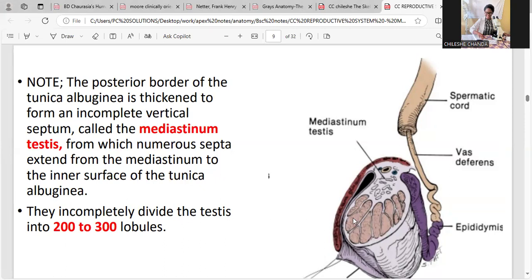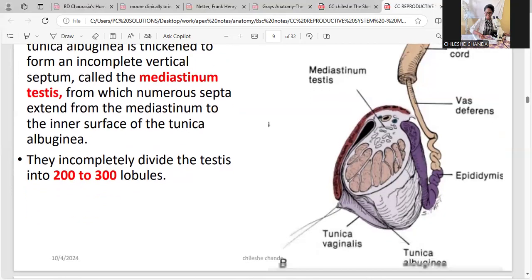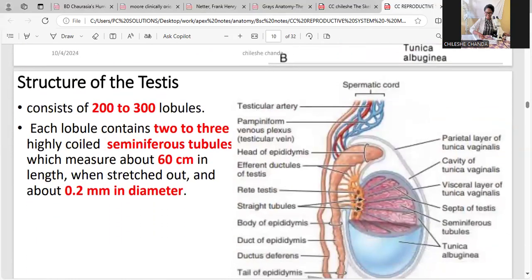This divides the testis into several lobules, about 200 to 300 lobules, and in each of these lobules we are going to find tubes known as the seminiferous tubules, where spermatogenesis takes place.